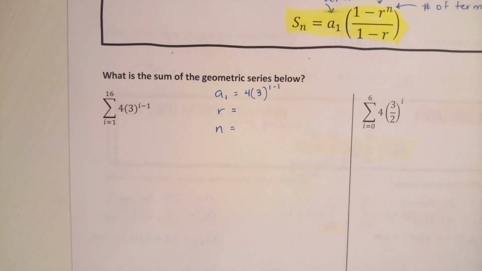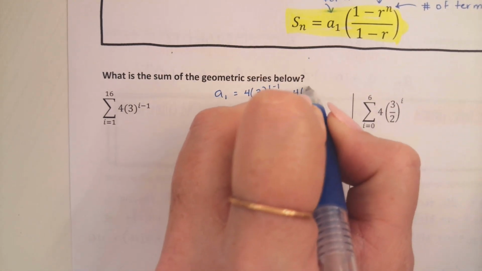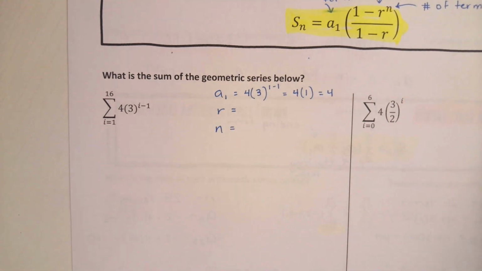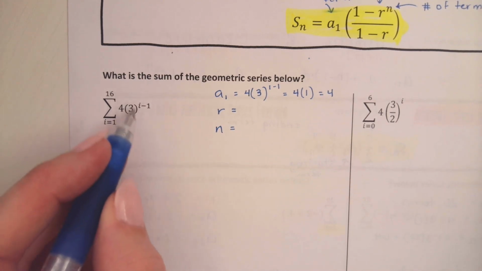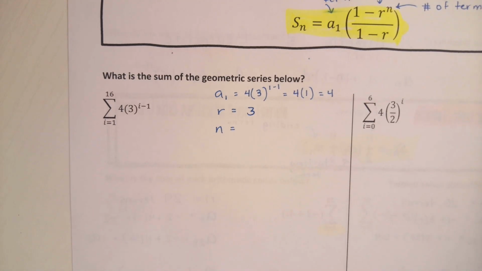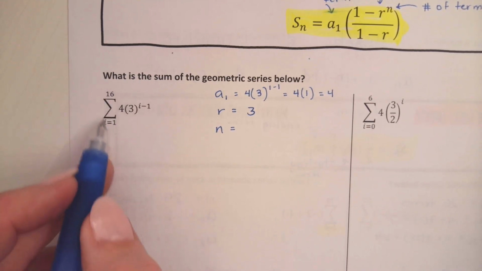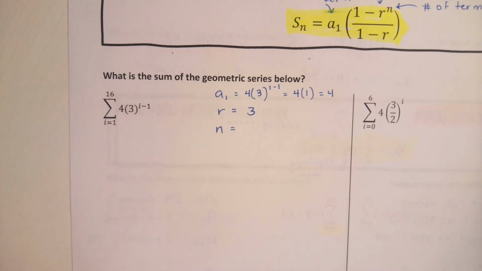That would be 3 to the 0 power. What's 3 to the 0 power? 1. So that's 4 times 1, which is 4. Common ratio is going to be the base of your exponent, so 3. And then number of terms, if we're adding up the first through the 16th, how many terms am I adding up? 16.